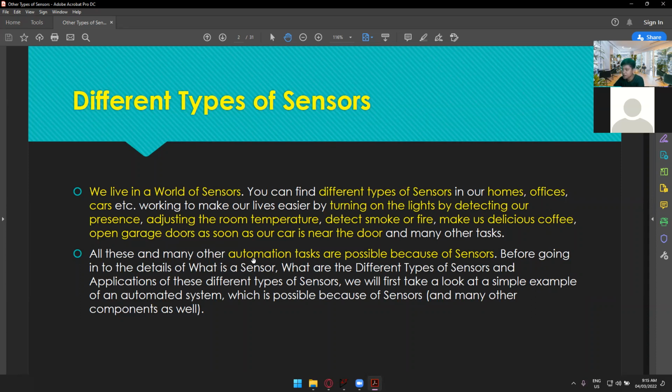Because of that technology, we were encouraged to have a lot of sensors. In fact, if we can automate and sense everything with a certain technology, then of course we will do so, to make our lives easier. This is possible because of sensors and many other components as well.